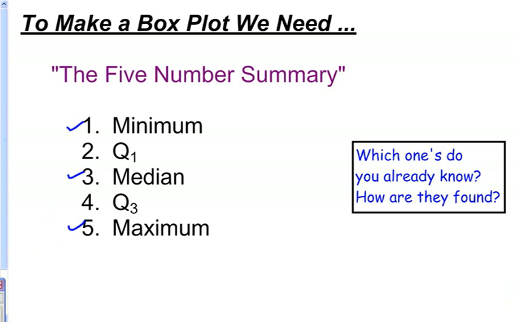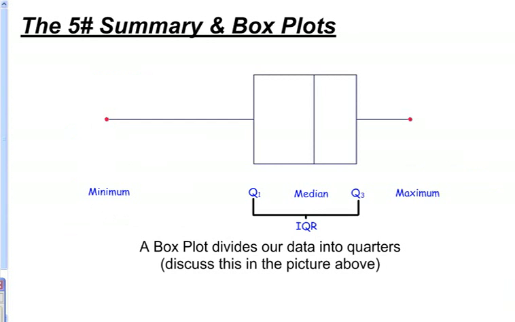Before we can draw a box plot, we need to know what those 5 numbers are. Now visually, I'm going to let you know what those 5 numbers tell me. The minimum number in my data is going to be the far left end of what we sometimes call a whisker, or this line. This dot here is the minimum. Let me jump to the median, by the way.